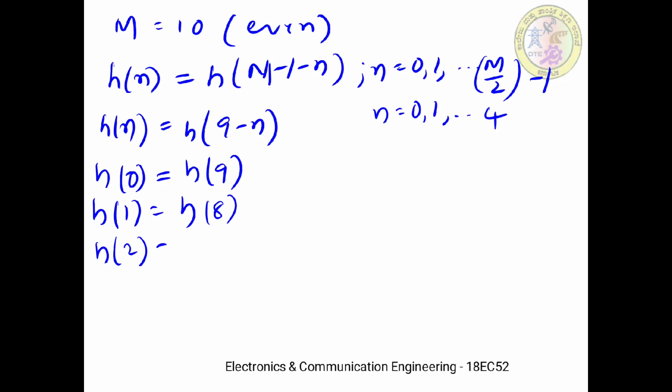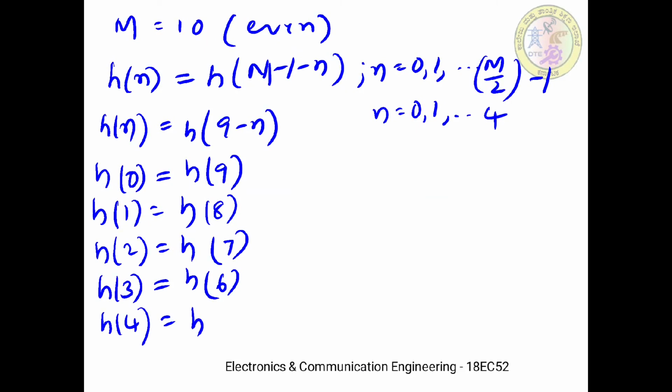Similarly, h of 2 is equal to h of 9 minus 2, that is 7, h of 3 is h of 9 minus 3, that is 6, and h of 4 is h of 9 minus 4, that is 5. Therefore only these values I can calculate, because the range of n is from 0 to 4, that's all. So that's why 0, 1, 2, 3, 4, 5 samples. Then the remaining 5 samples are just equal to their counterparts, because the impulse response is symmetrical in nature.